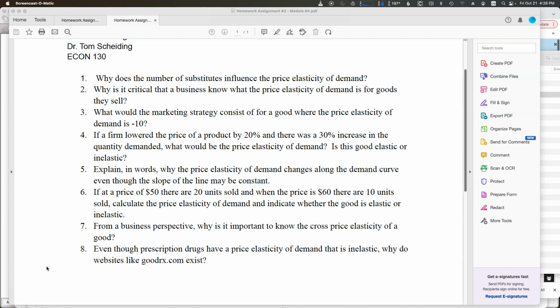Number 4, if a firm lowered the price of a product by 20% and there was a 30% increase in the quantity demanded, right? So let's write this out here. 20% decrease, 30% increase.